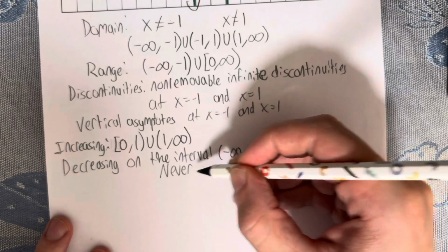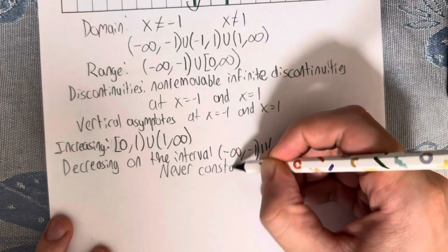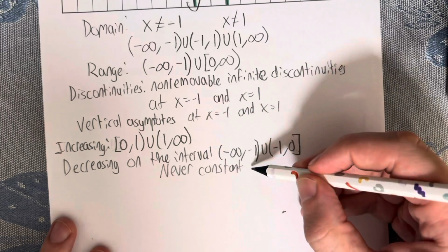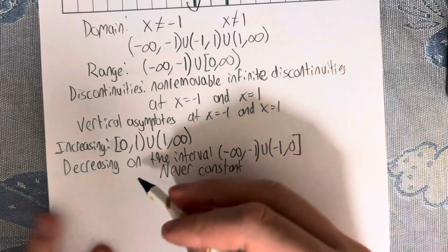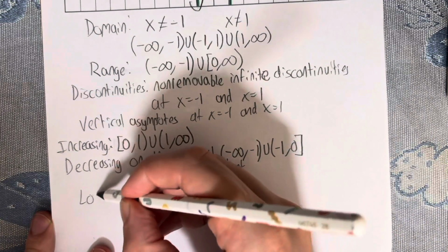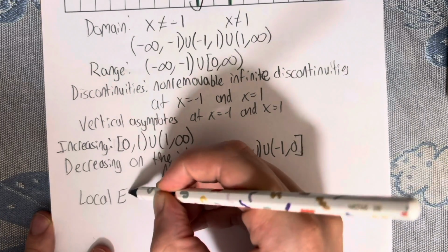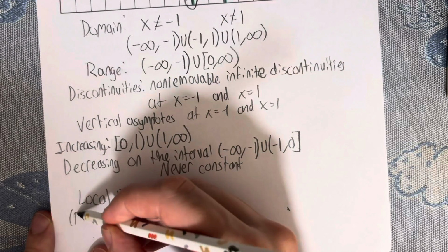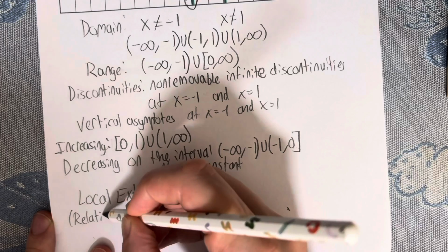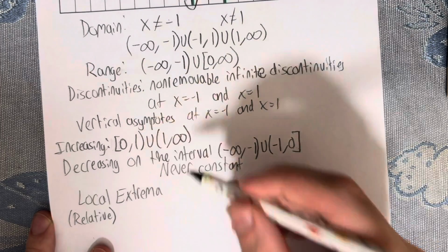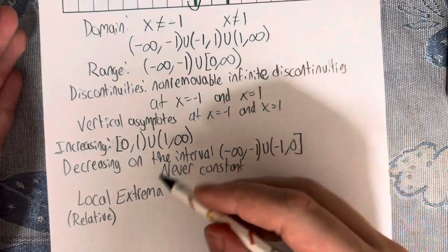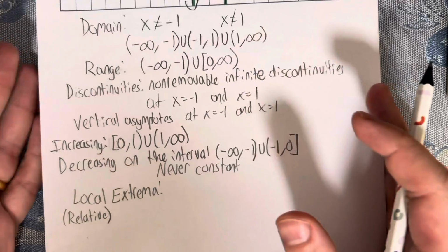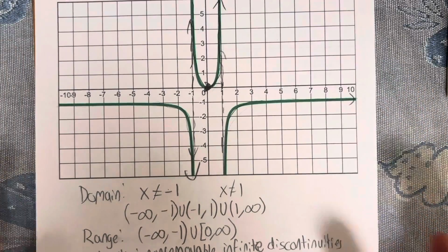Okay, a lot of things we're analyzing here. One more thing. Extrema. So local extrema, also called relative extrema, means the same thing, are minimum and maximum values. They're often related to increasing and decreasing intervals because, well, let's look here.